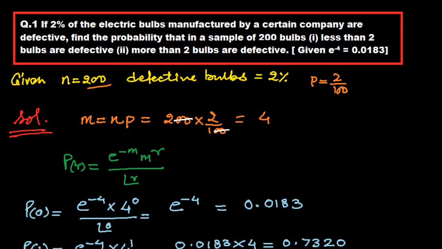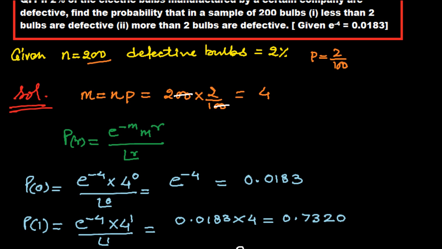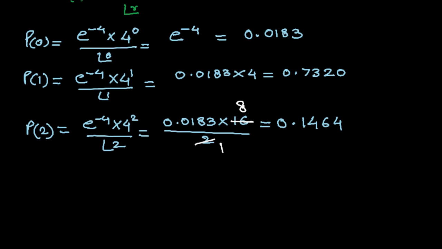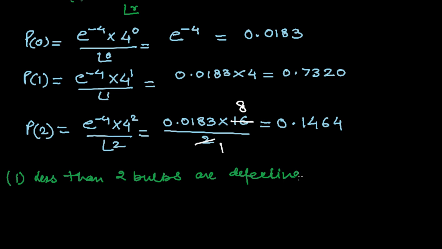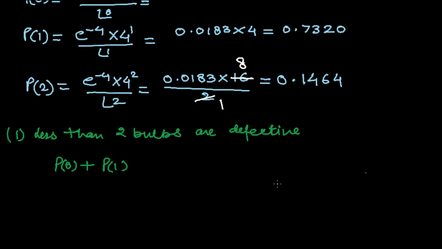So there may be no bulb defective, or maybe one bulb defective. So it is P0 plus P1.